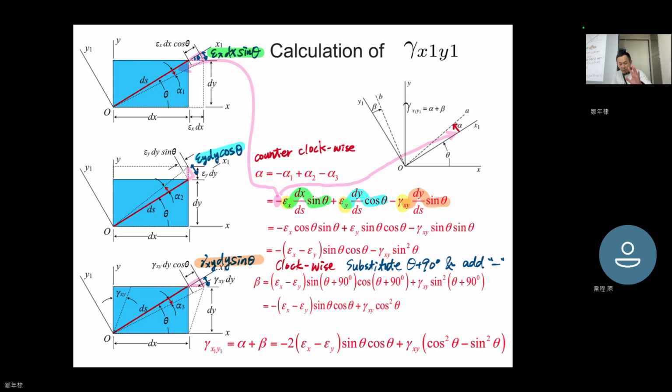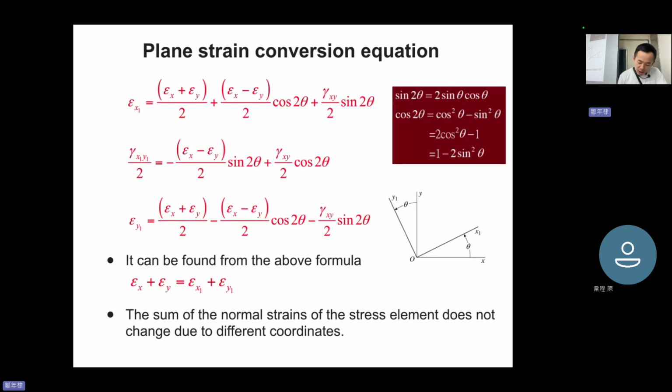Now, combine all these together. All right, I can get the next page. Plane strain transformation. Sorry, this is not conversion, it should be transformation. And epsilon x1, gamma x1y1 is very important.